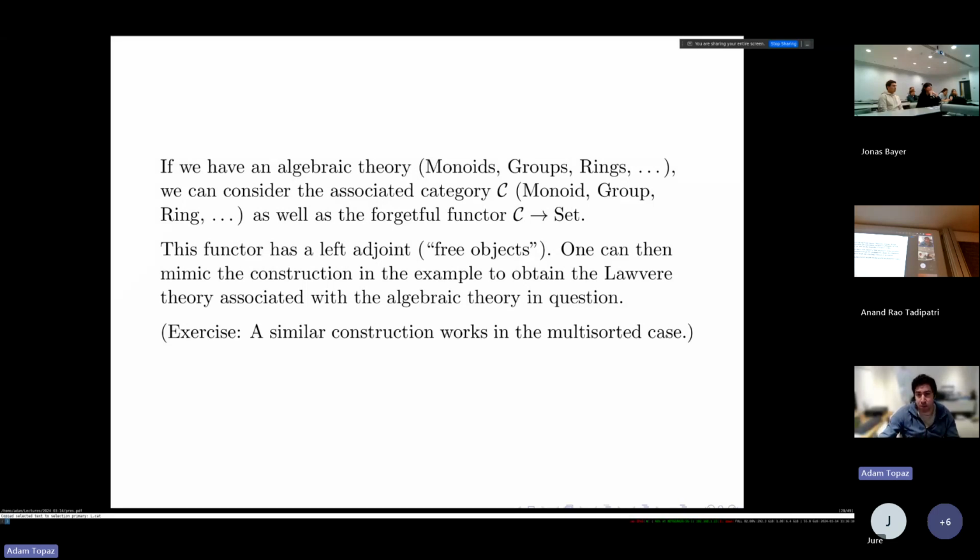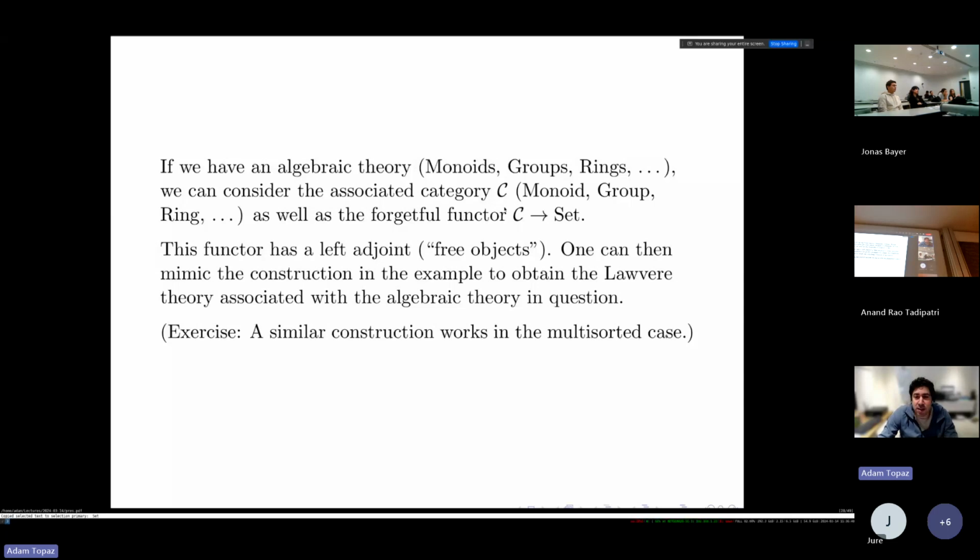For example, if I have the notion of a monoid, I can look at the category of monoids. If I have the notion of a group, I can look at the category of groups. If I have the notion of a ring, I have the category of rings, and so on. And we also have the corresponding forgetful functor, which sends, for example, a monoid to the underlying set of the monoid, or a group to the underlying set of the group.